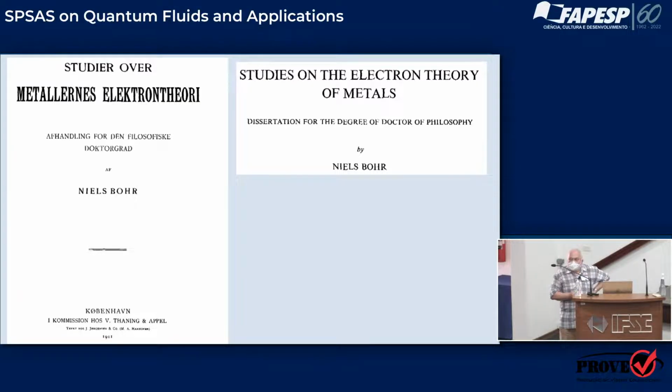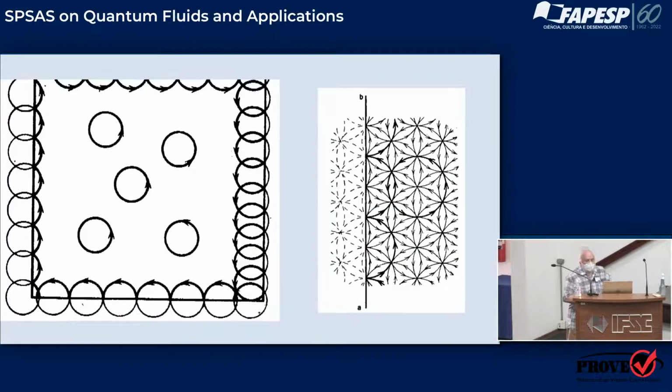And what was his explanation of the very tiny magnetism of metals? You see, there are two pictures. The left one I take from the book of Rudolf Peierls. This is the original picture from the thesis of Niels Bohr. It seems obvious that materials must be diamagnetic if we do not know about spin or neglect spin.